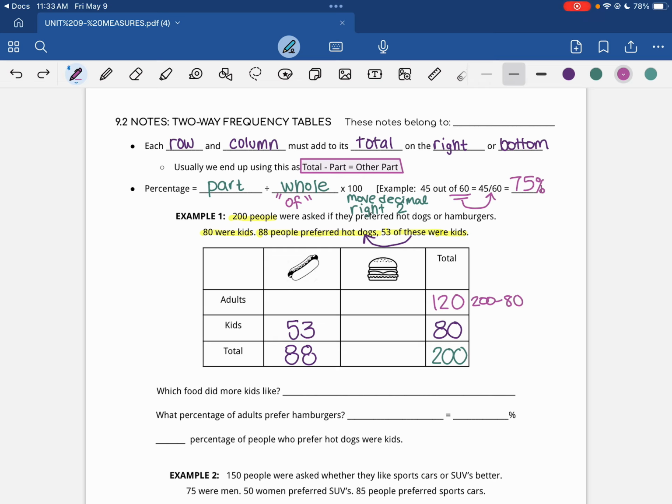Then I could go, say, on the kids row, and I could do 80 minus 53, which is 27. Same thing on the bottom row. 200 minus 88 is 112.